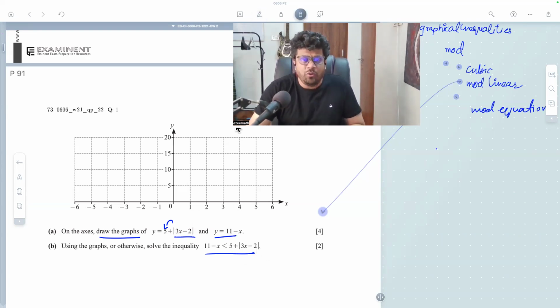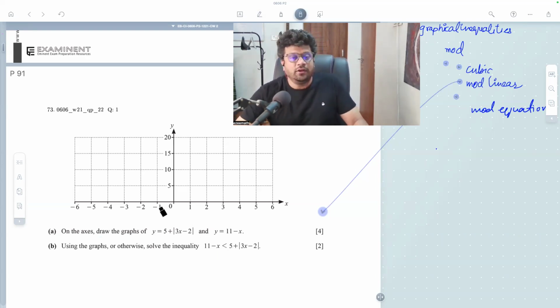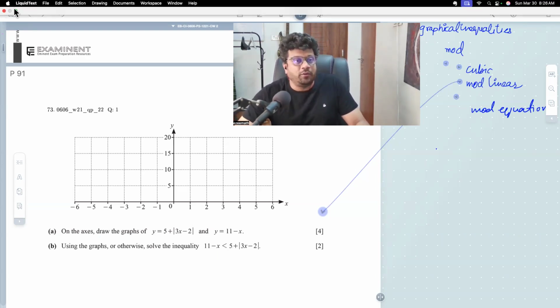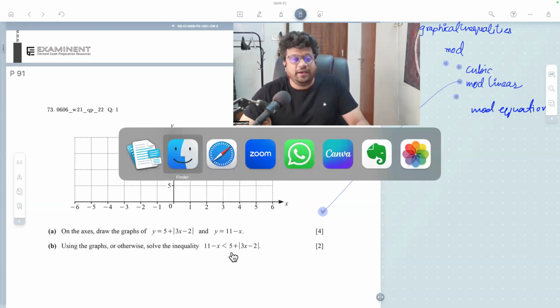So let's sketch them out on Desmos and then think about what to do with this particular inequality.